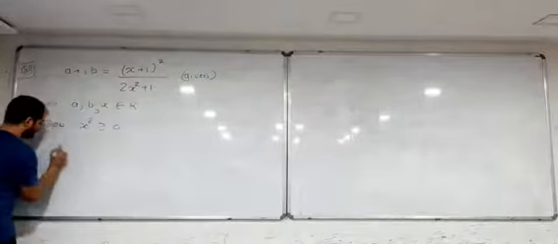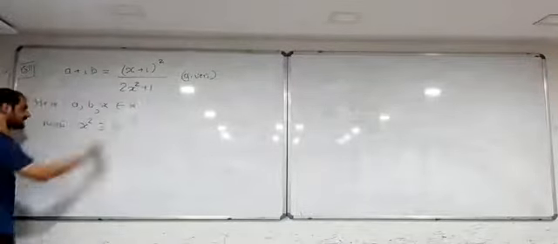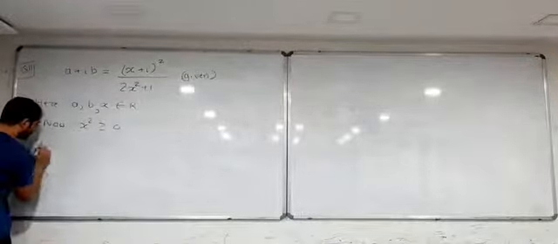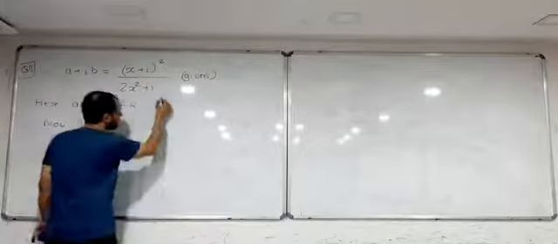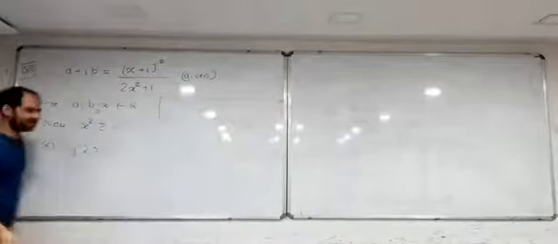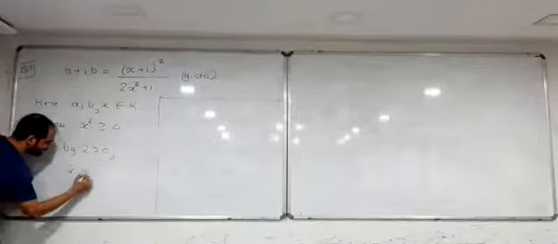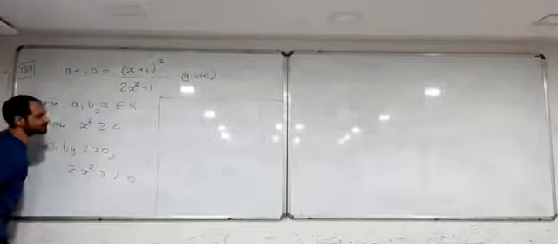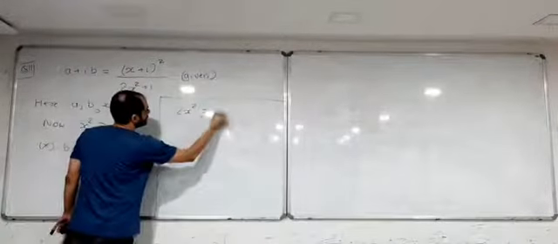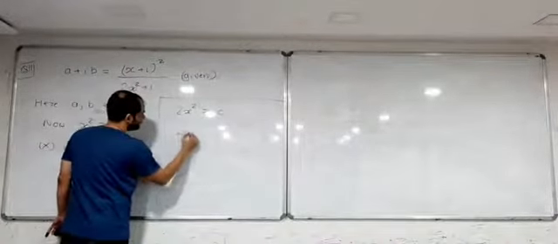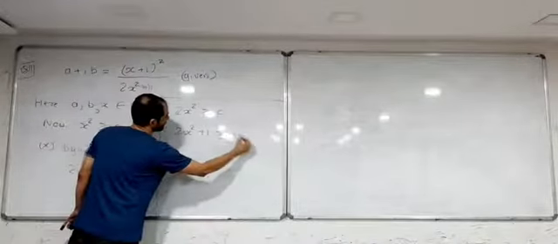So if I have to check the nature of 2x square plus 1, multiply by 2, which is positive. What do I end up getting? When you multiply by a positive number, there is no change in the inequality. So 2x square is greater than or equal to 0. Therefore, adding 1, 2x square plus 1 is greater than or equal to 0 plus 1.